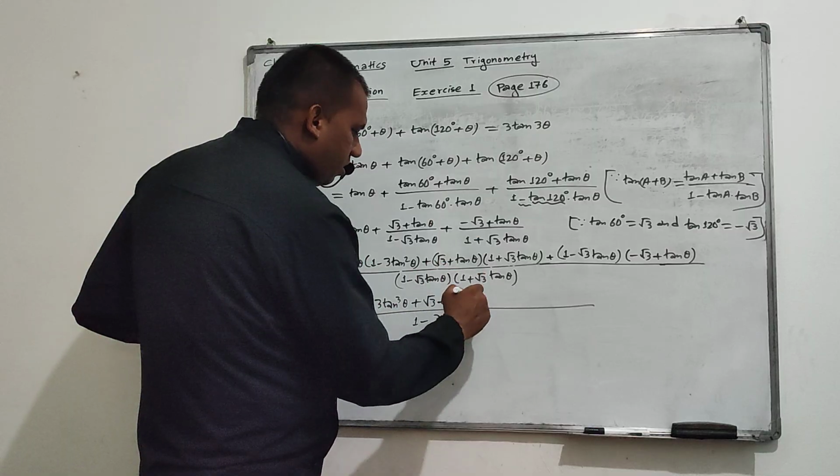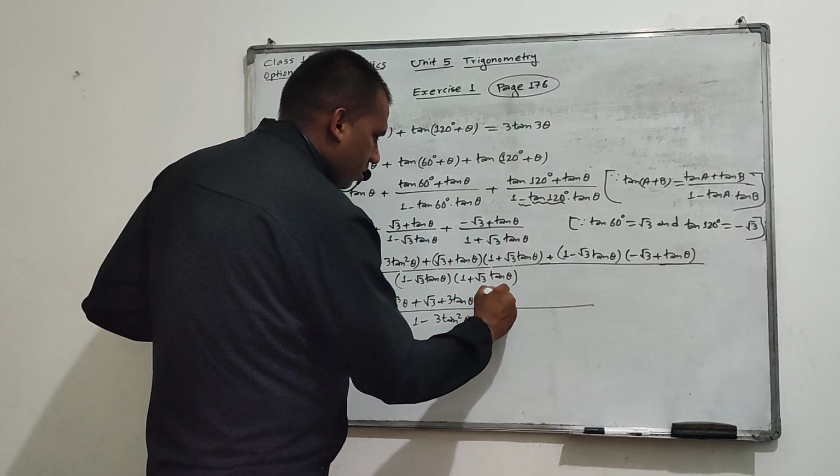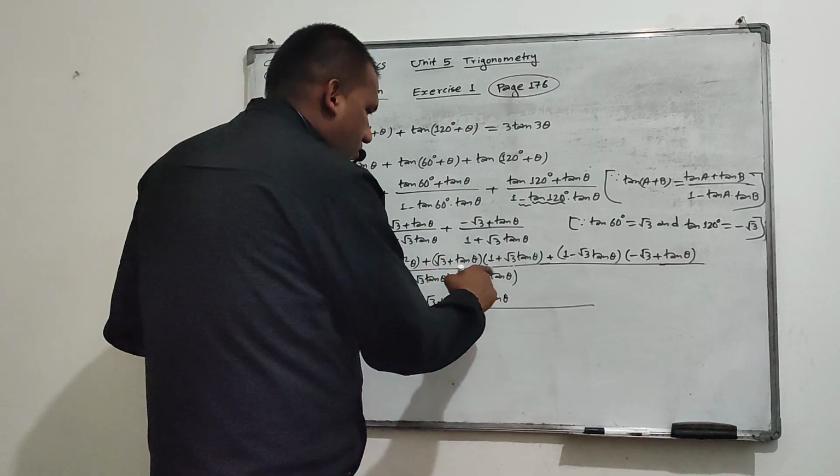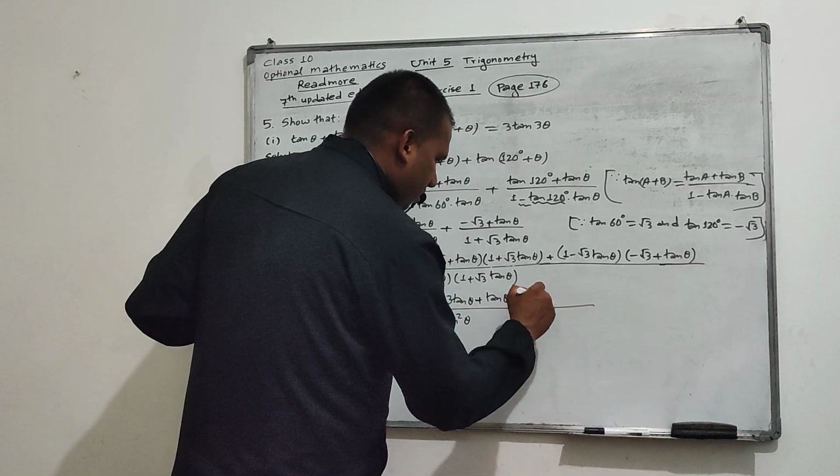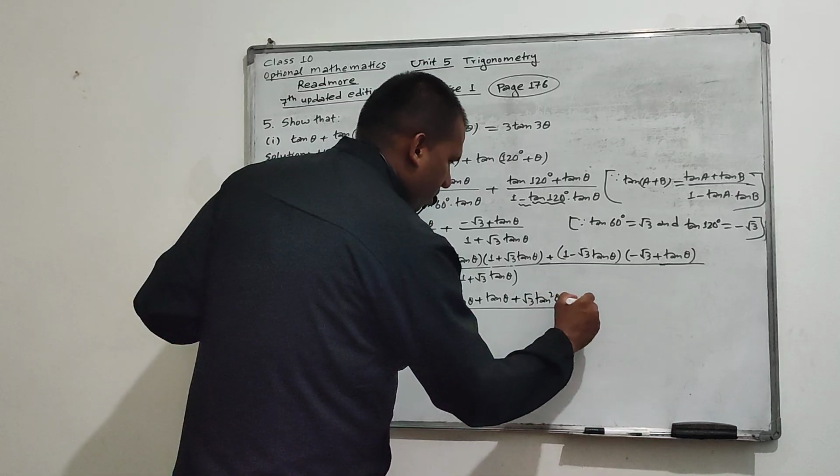Now tan theta plus root 3 tan square theta.